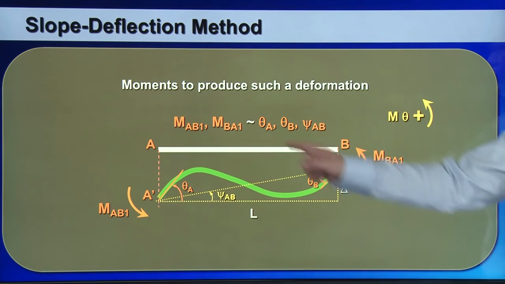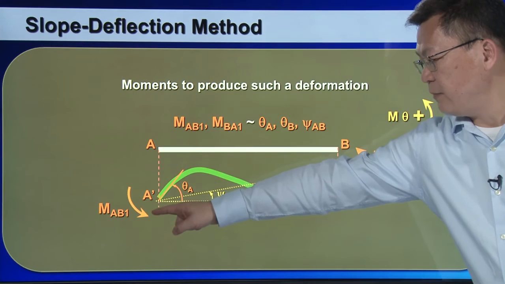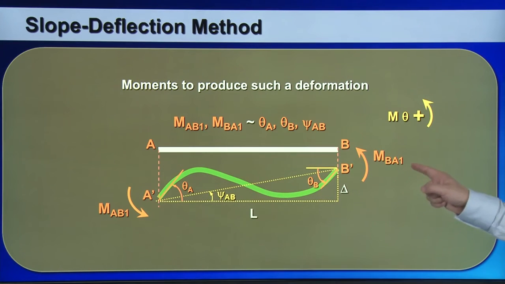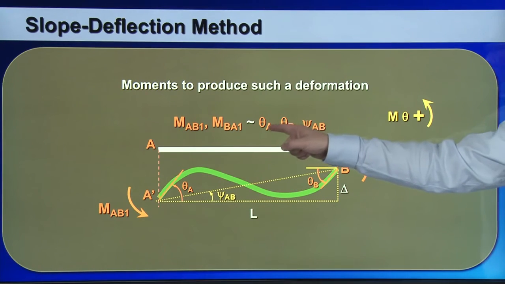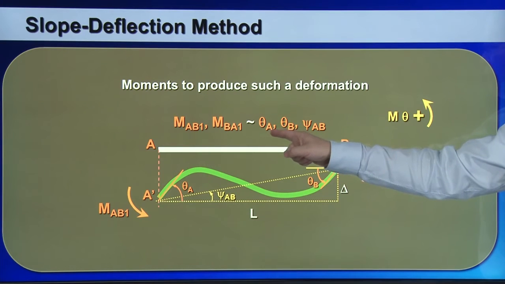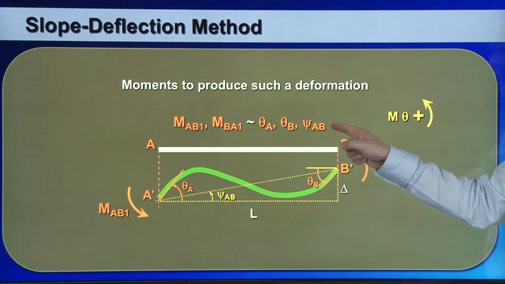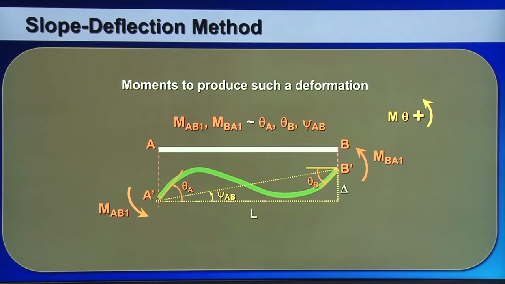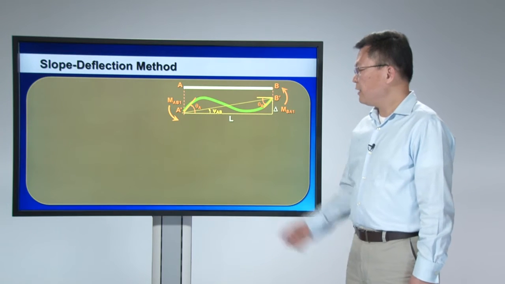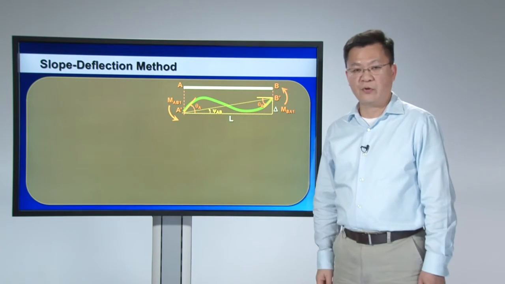So I want to relate the end moments MAB1 and MBA1 with the degrees of freedom, theta A, theta B, and psi AB. So how can I relate these two sets of parameters?